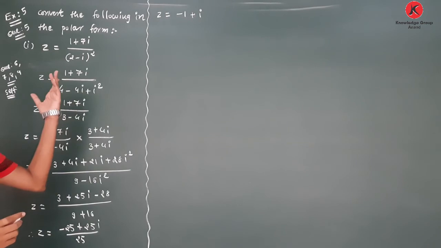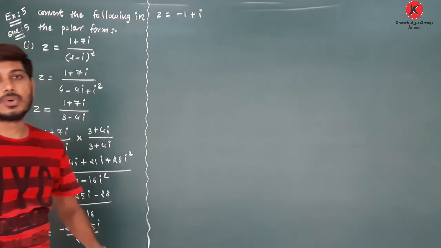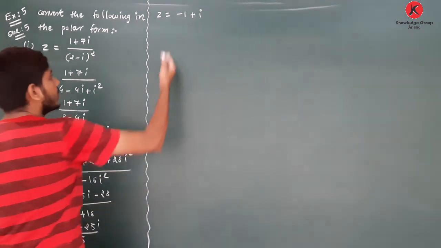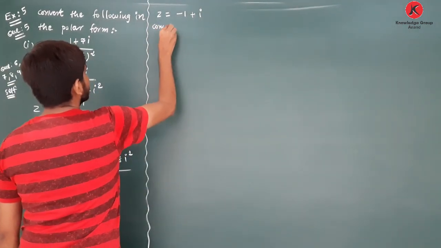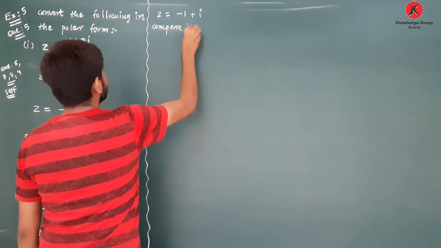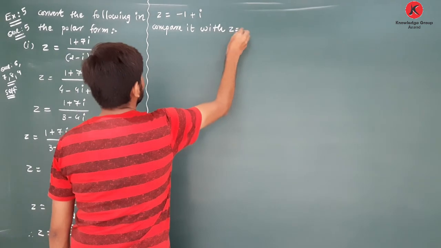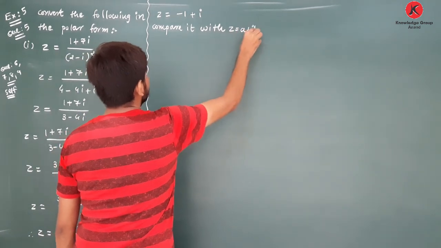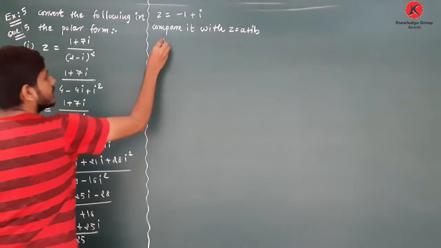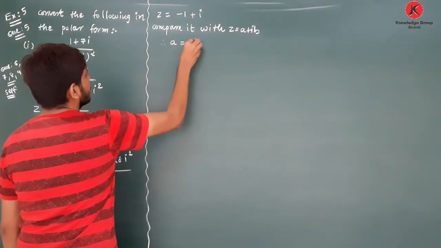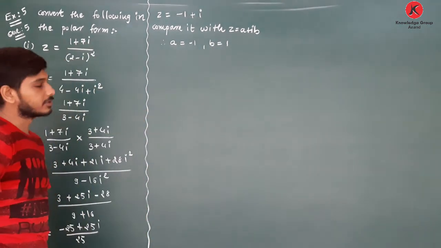Now the number is in standard form, so we can convert it into polar form. For converting it into polar form, first compare it with z equals a plus ib. Therefore a equals minus 1, b equals plus 1.